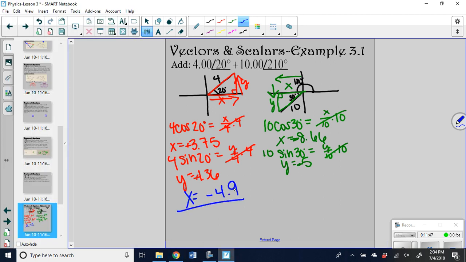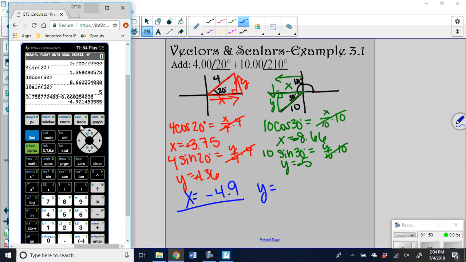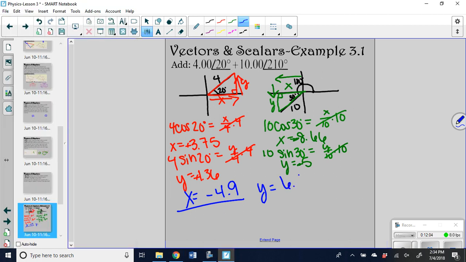So that's our x value, and our y value, we're going to do the 1.36 number, and then plus 5. So we get 6.36. And that's our y value.